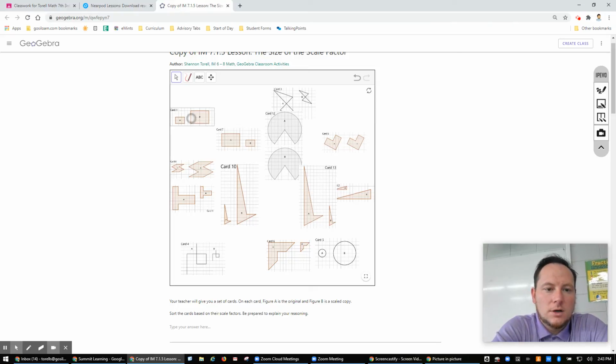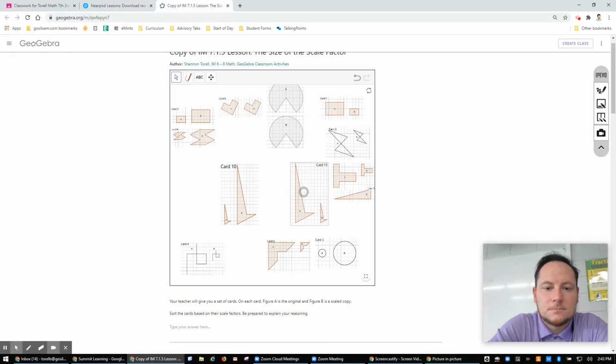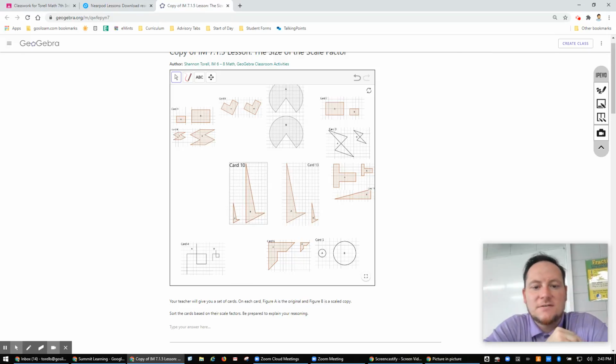Like on card 1, we're scaling up. So maybe I'll put all the ones that look like they're scaling up over on that side, and all the ones that look like they're scaling down over on this side. I'll let you look at those for a moment and see what you figure out. So go ahead and pause the video, play along with those, and see what you come up with.